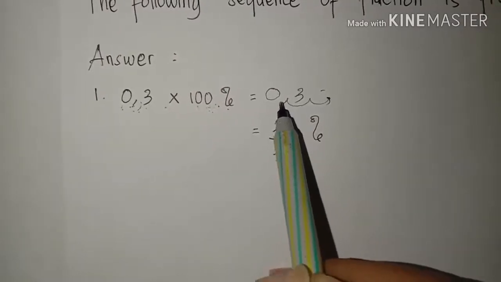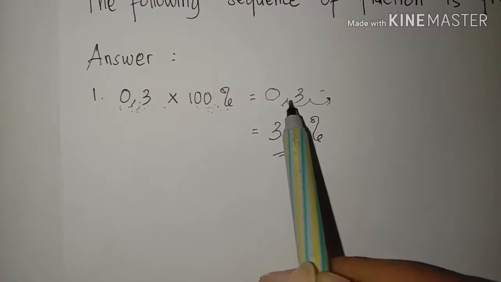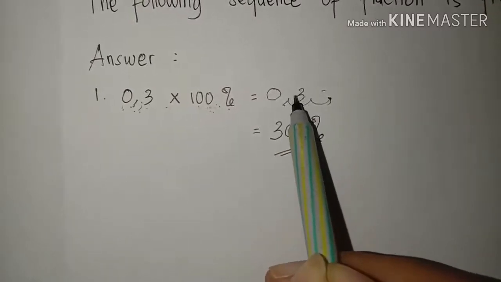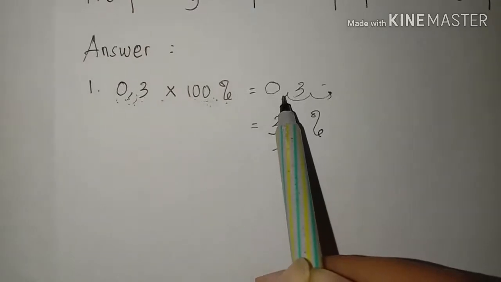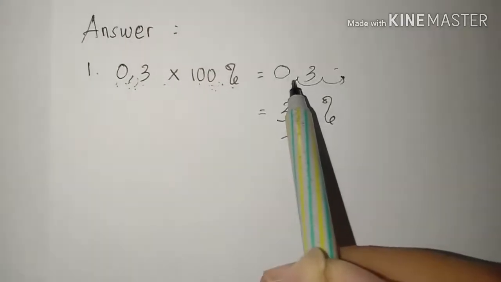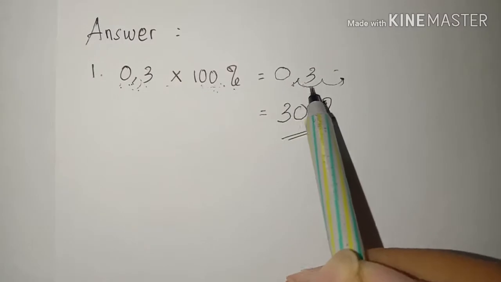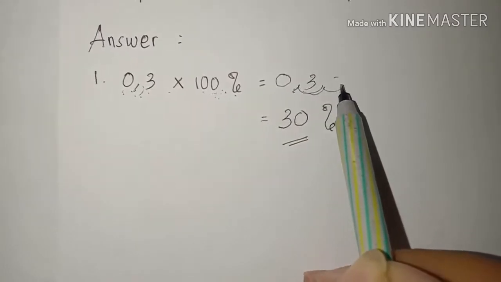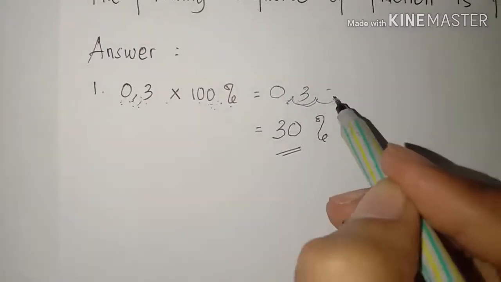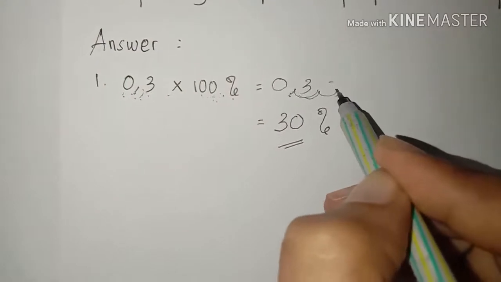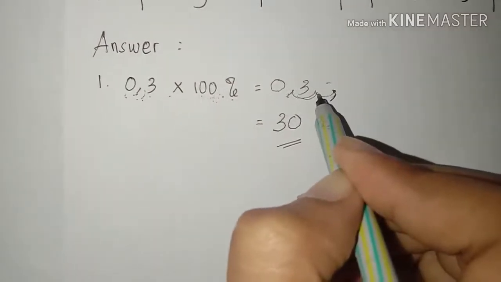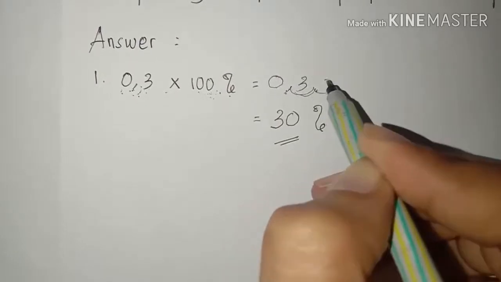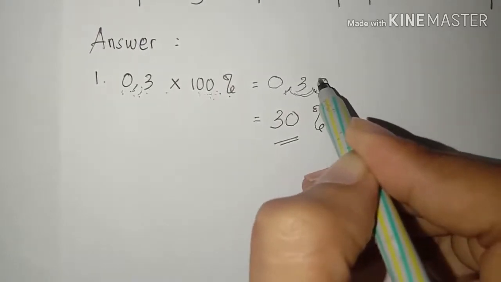We can write 0.3 and the point moves backward 2 times: 1, 2. So the position of the point is here, and this place you have to fill with 0.